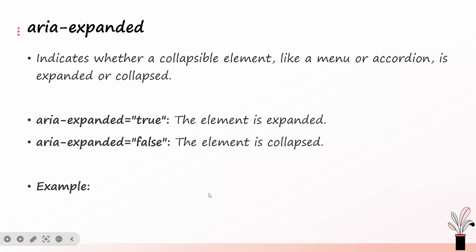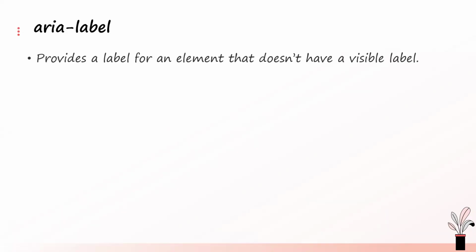Okay, so these can be their states. All right. So an example is a button with aria-expanded. So when we have this more information button, we are saying this button is not expanded, because it is false. All right. aria-label, you already have seen it several times. It is used to make input elements more accessible by providing a label for them.